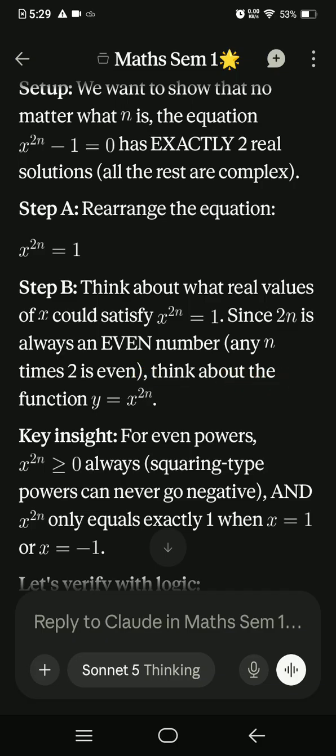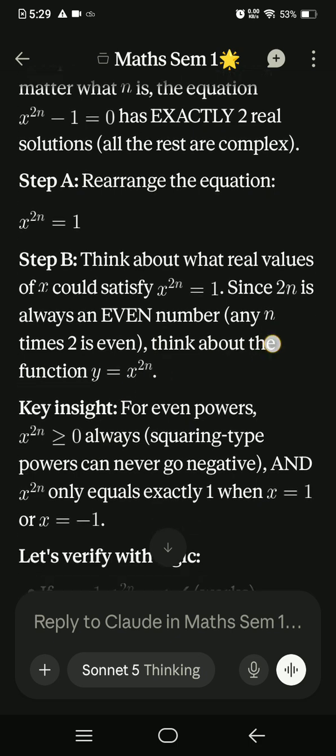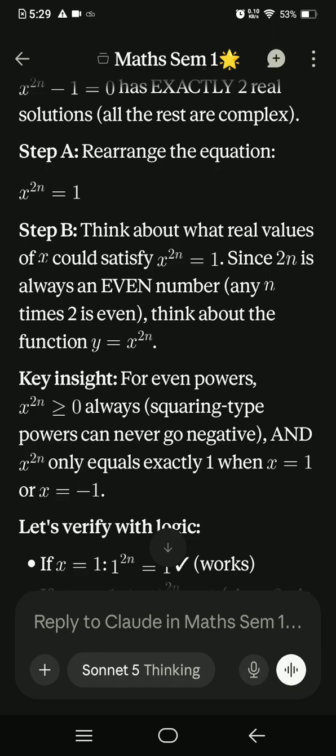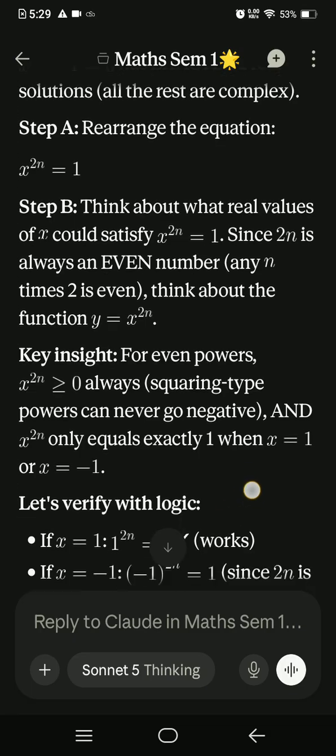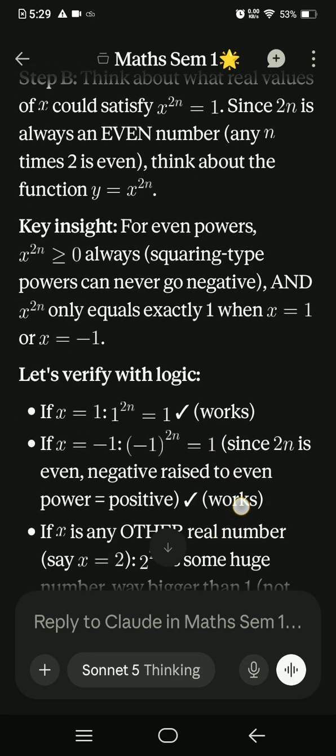Think about the function y equals x raised to an even power. The key insight for even powers is that this is always greater than or equal to 0. Squaring-type powers can never go negative, and x to the 2n only equals exactly 1 when x is equal to 1 or x is equal to minus 1. Let's verify. Yes, it works.